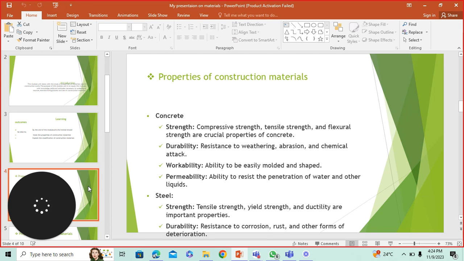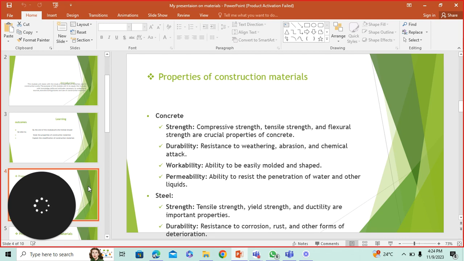Compressive strength, tensile strength, and flexural strength are crucial properties of concrete. A concrete should be so strong that it can hold the building for the purpose it is suited for, for the lifespan that is intended.